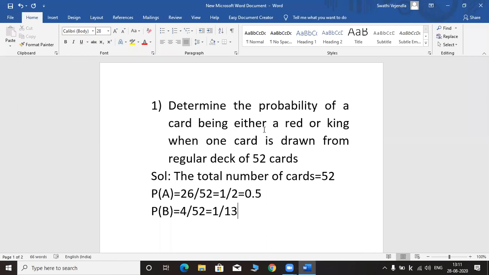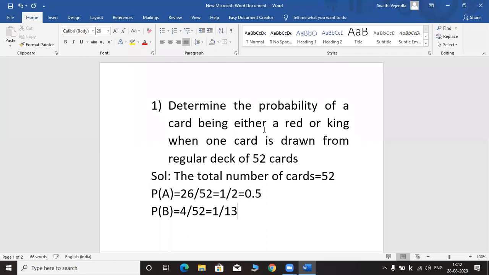Third one is Bayes theorem. So we have 3 theorems in total. By which theorem can we solve this problem? We have to identify that. This problem can be solved easily by applying addition theorem on probability.